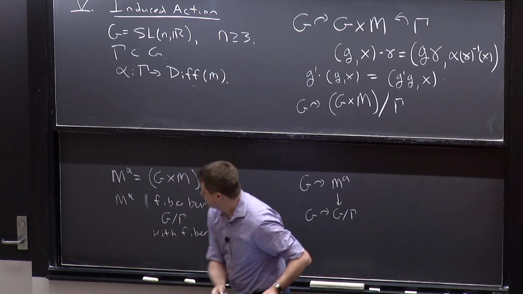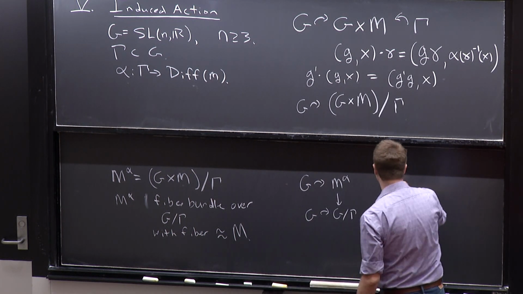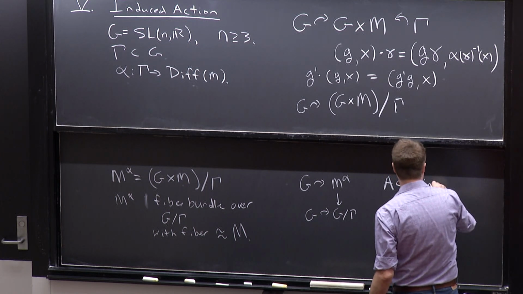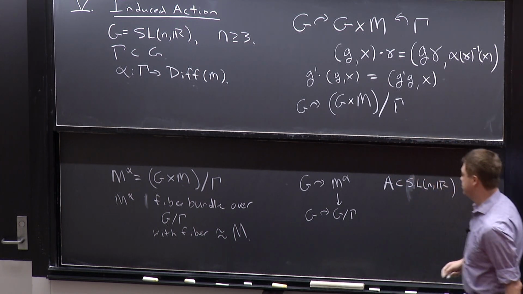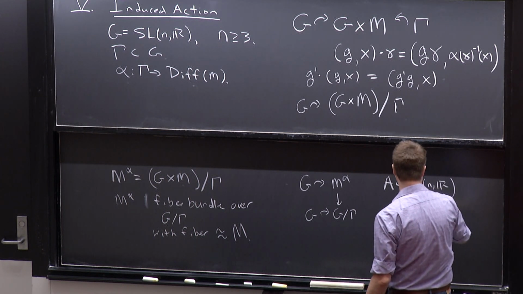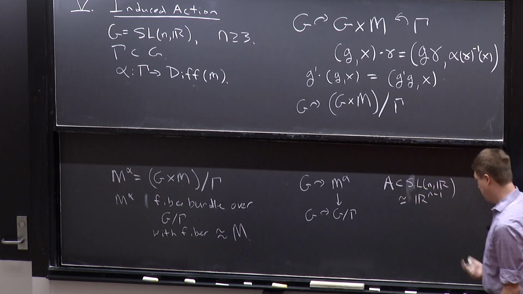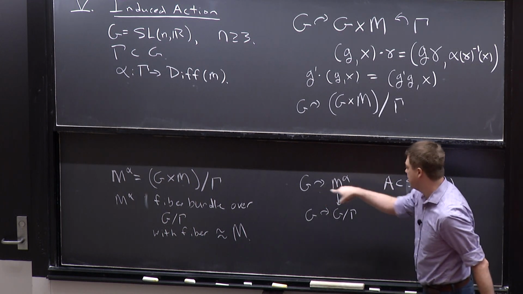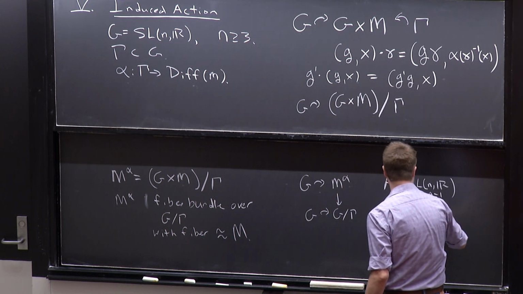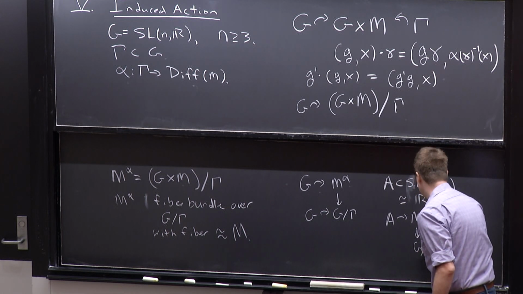But somehow we're able to couple the nonlinear dynamics up here with some of the homogeneous dynamics down here. In particular, I have my favorite subgroup, A inside of SL_n(R), which is the group of positive diagonal matrices. I think of this as R^(n-1). And a lot of the work is, instead of looking at the G action up here, we look at the A action on this M alpha projecting over G mod gamma.